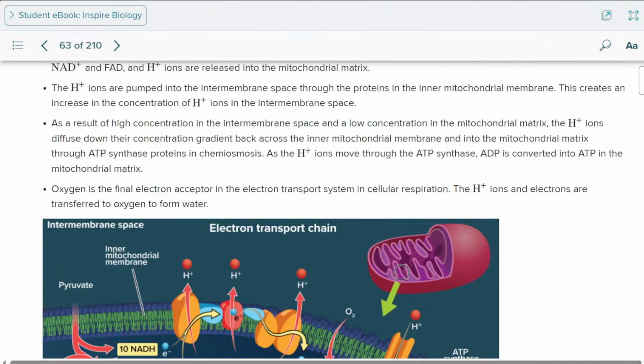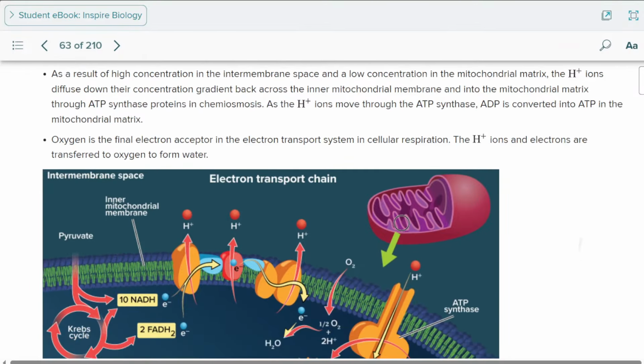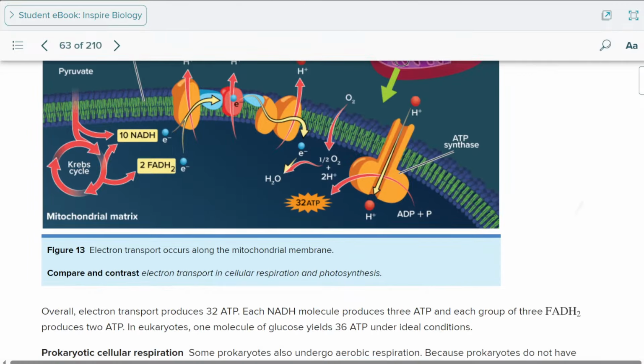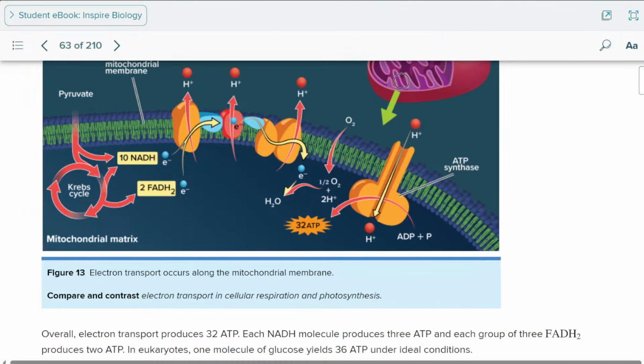Oxygen is the final electron acceptor in the electron transport system. In cellular respiration, the H plus ions and electrons are transferred to oxygen to form water. So when they come back in here, the oxygen accepts both the electrons and the hydrogens.